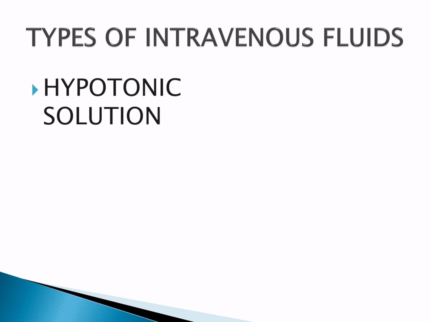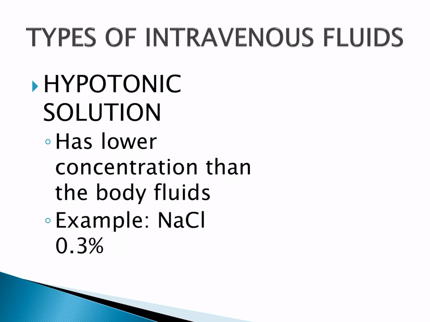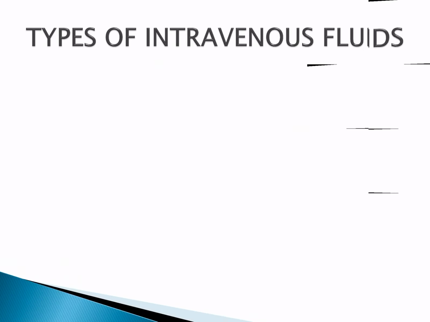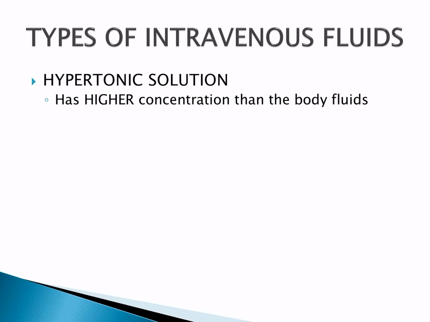Also, we have hypotonic solution. It has lower concentration than the body fluids. So an example is your sodium chloride 0.3%. This one is a sodium chloride 0.3% and a hypotonic solution. We also have your hypertonic solution, which has higher concentration than the body fluids.